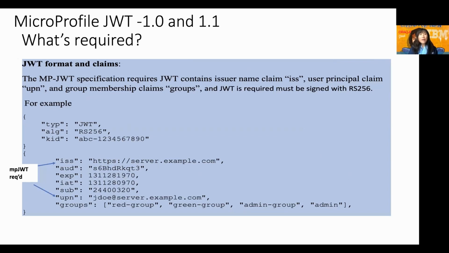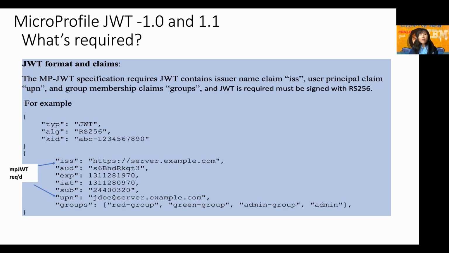So what is MicroProfile JWT really like? What did it add over and above JWT? Basically, it has 3 requirements. The first one says your JWT must contain the issuer, which is iss. Second, it introduced 2 more claims: one is upn, the other one is groups.